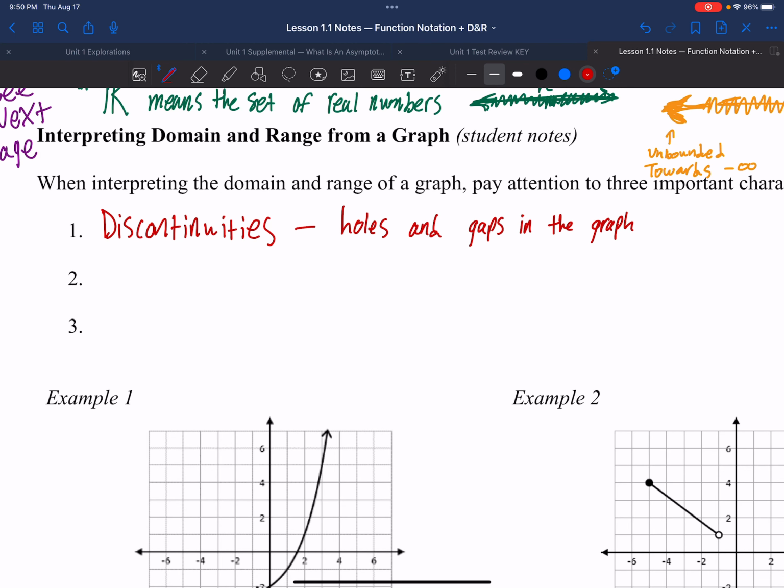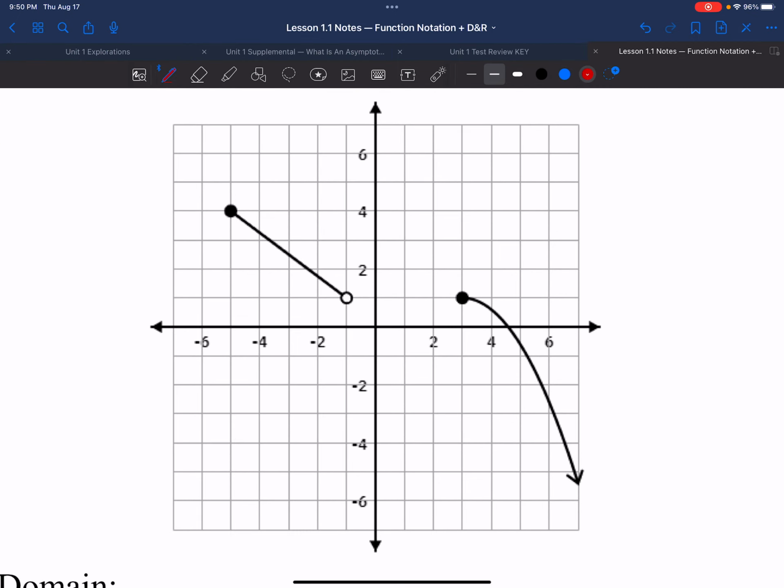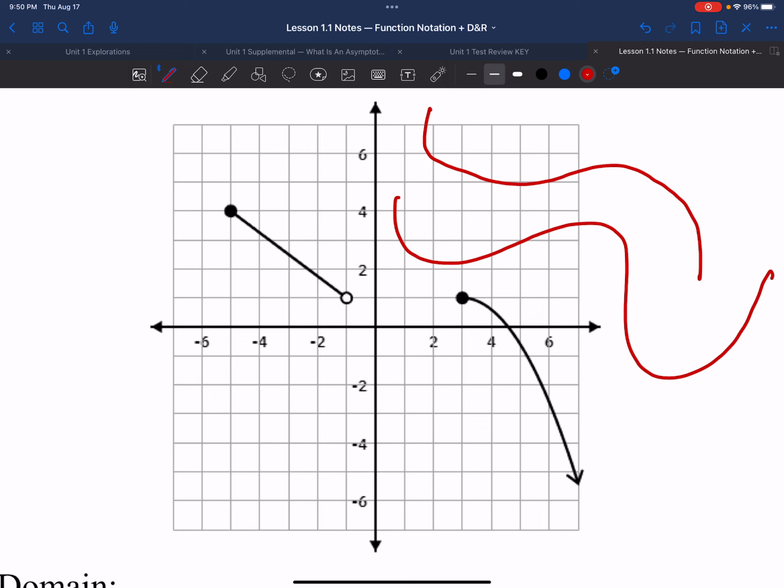So what's an example? Actually, example 2 is perfect. A function is continuous on some interval if it never breaks. If I can take my pen and stroke some curve without ever lifting the pen, that's continuous.